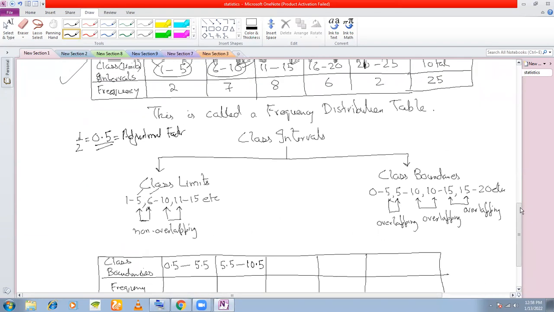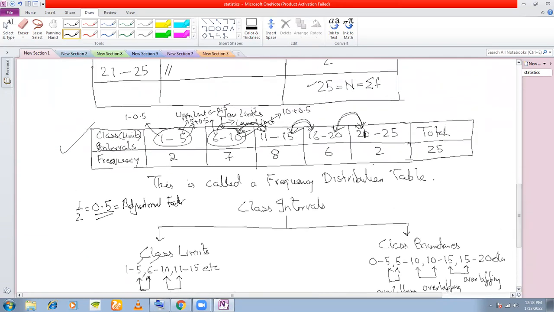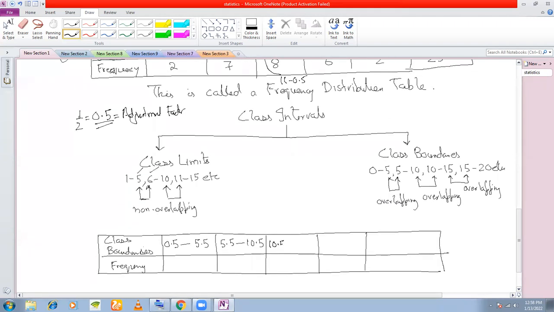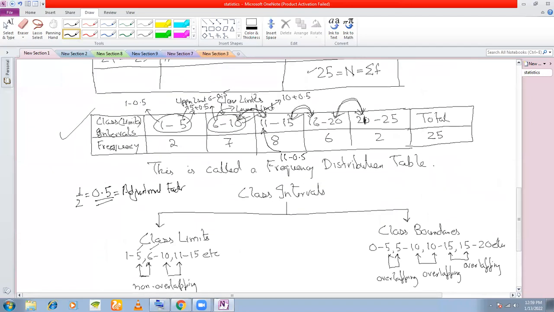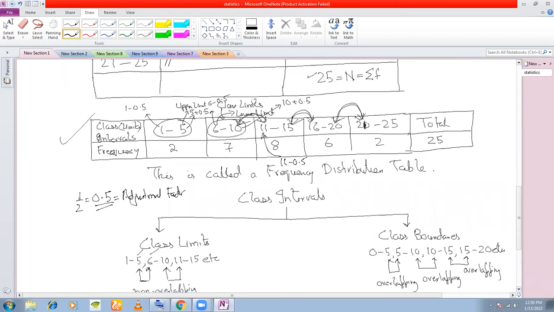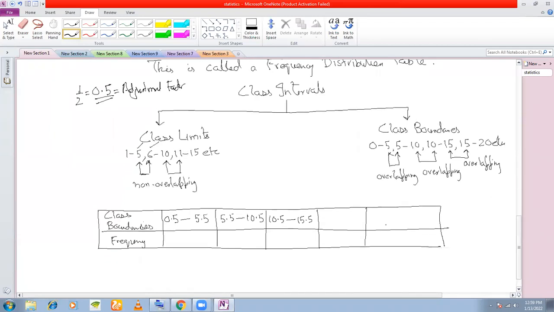Do you understand what I'm doing? Anyone who could not follow? Similarly, from 11 you subtract 0.5 to get 10.5, and to 15 you add 0.5 to get 15.5.